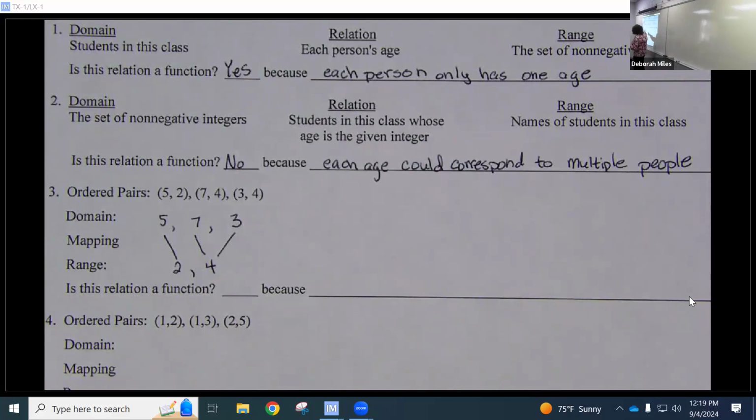That's like, I could call 2 different names and they happen to be the same age, but that was still a function because each one of you only has one age. Each x here only has one line going from it to something else. So for each x, there's only one y. Is that a function?